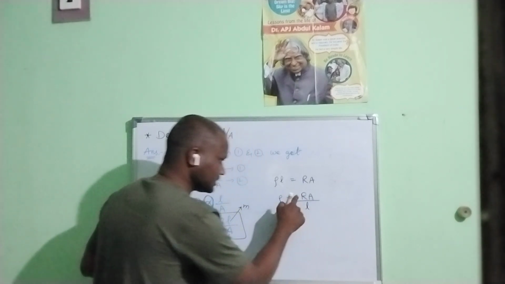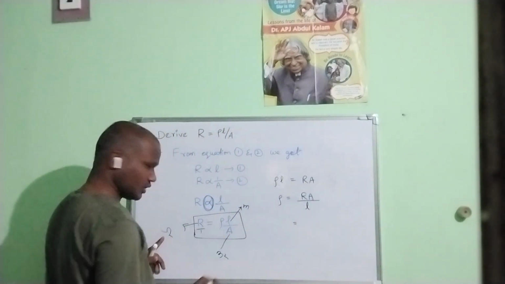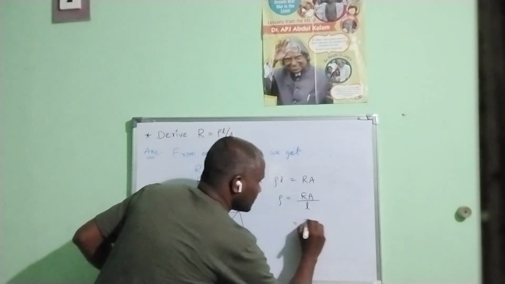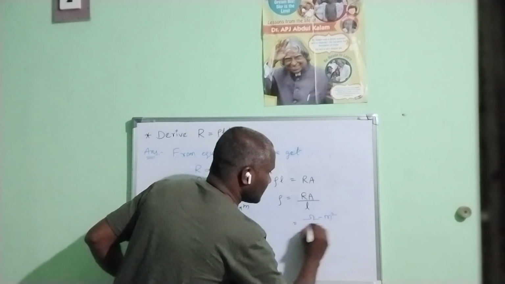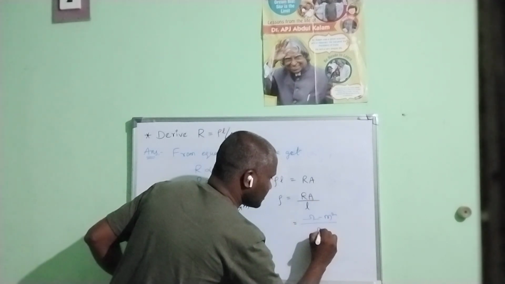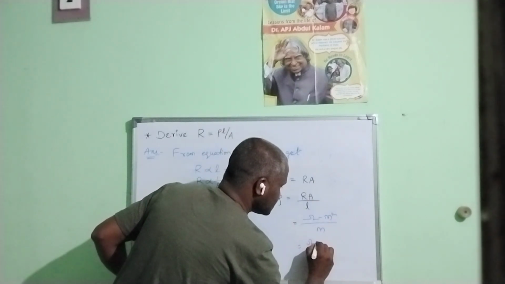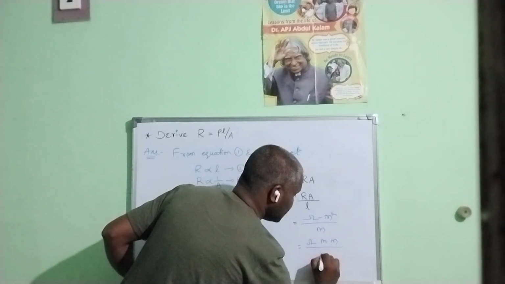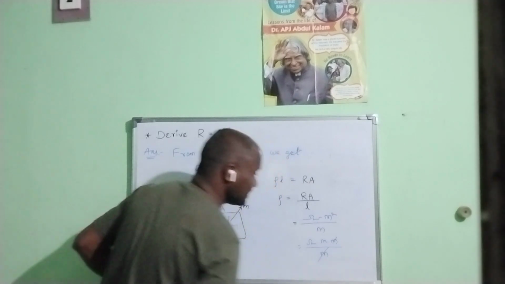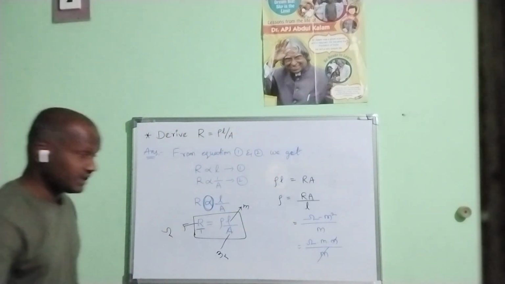So resistance, what is the resistance unit? Ohms. And area unit is meter square, and length unit is meters. So resistance into meter square can be written as meter into meter, divided by length unit meter. Meter, meter get cancelled.